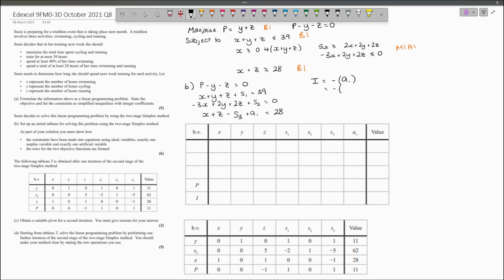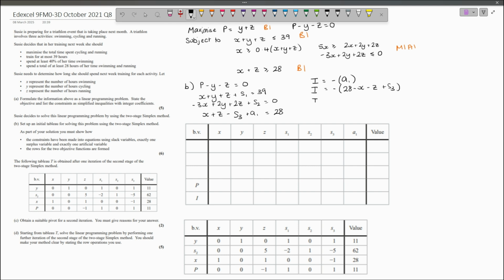So we need to rearrange the third constraint equation to get A1. And A1 is 28, subtract x, subtract z, plus S3. So I rearrange this equation, I can subtract x, subtract z, and add S3 to get everything onto the other side.